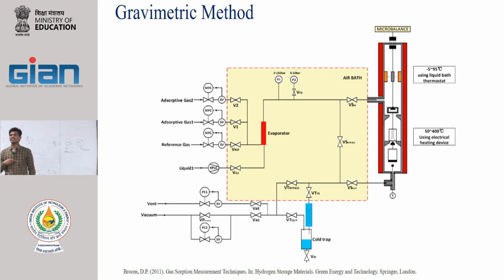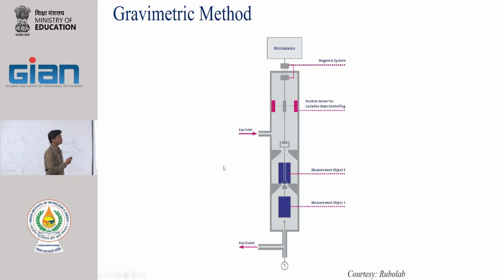The magnetic levitation effect takes care of it. We have a gas inlet coming from here, and then we have two holders, one here, one here. Two holders means nothing; we can use two samples at one time. You can have the same sample or different samples, it doesn't matter.